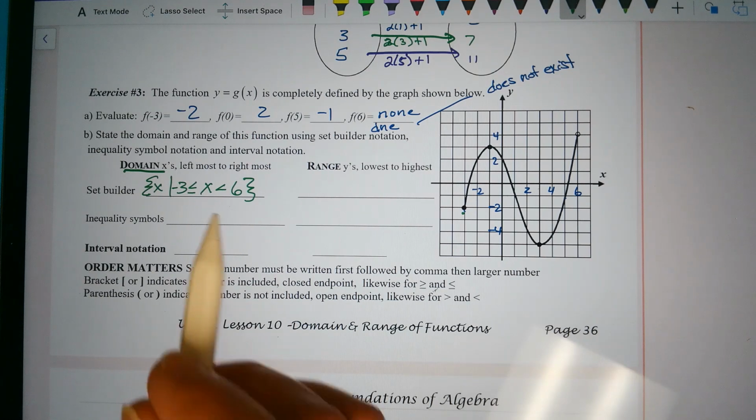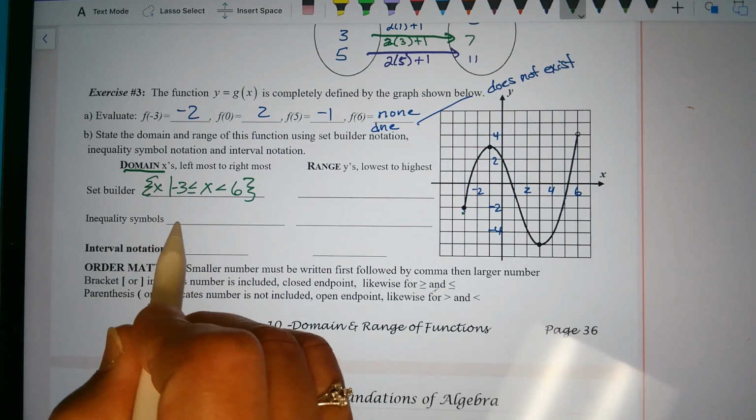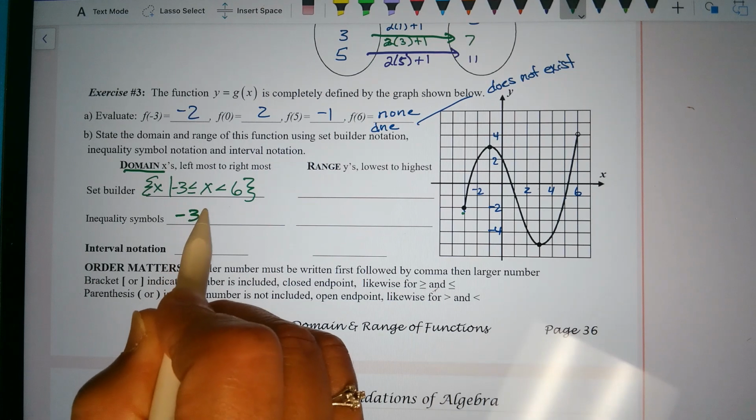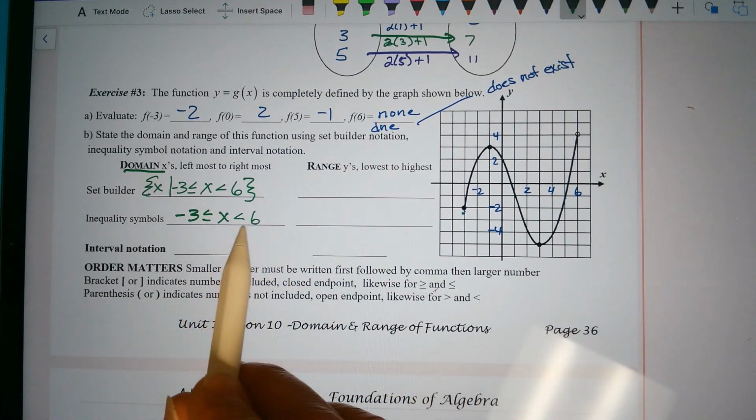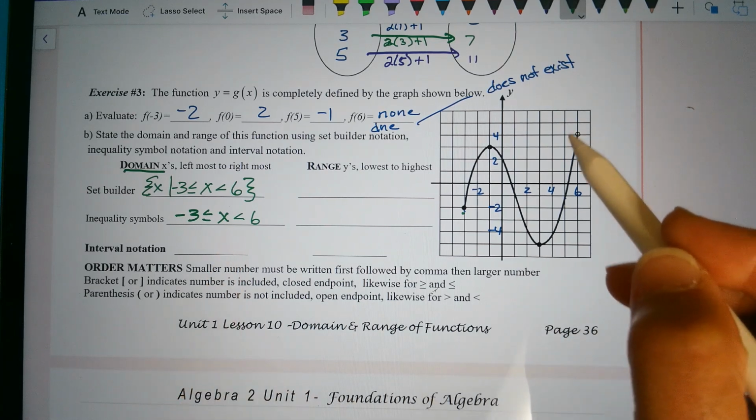Inequality symbols, we just take this from above. X is going from negative 3 to 6. There's no equal to with the 6 because that's an open circle.